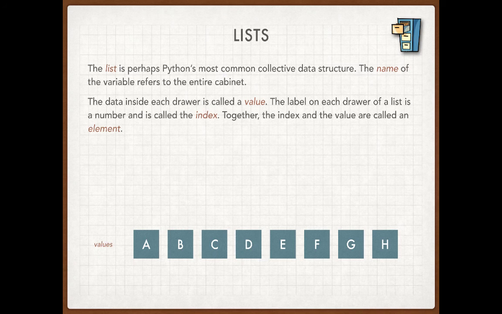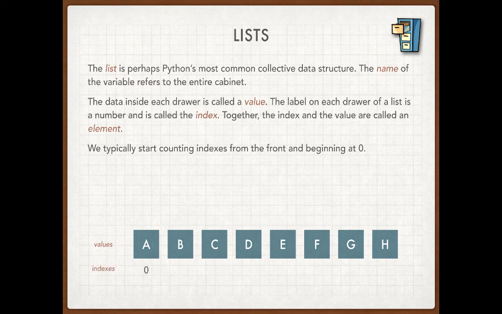But what's interesting about this filing cabinet is that the drawer has a label, and that label is going to be a number. We call those numbers indexes. And what's interesting about the indexes is that we start counting from 0.